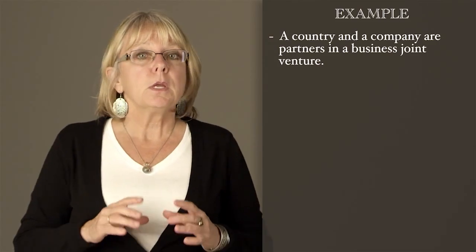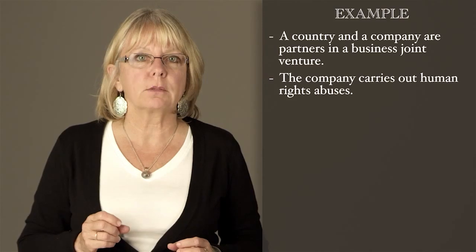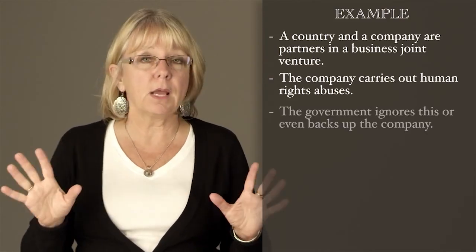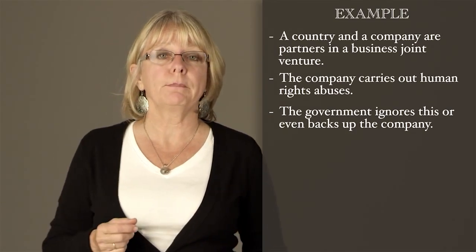A government's support or even active participation in a business project may not be enough to make something legal, which is illegal in international law. For example, let's say that a country and a company are partners in a business joint venture. The company carries out human rights abuses during the project. The government turns a blind eye, or perhaps even backs the company up in some way.